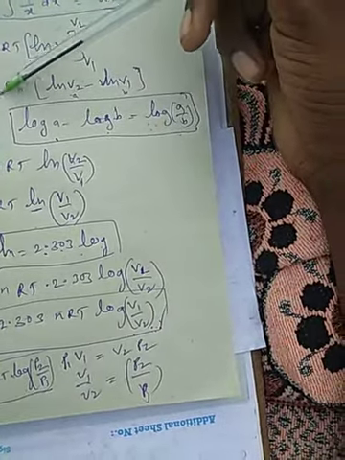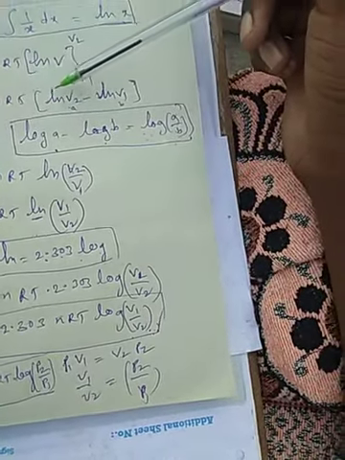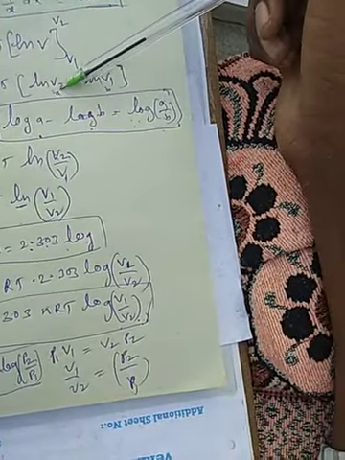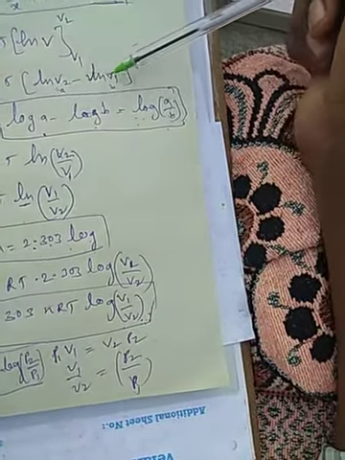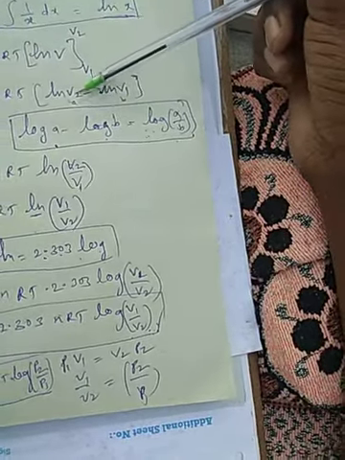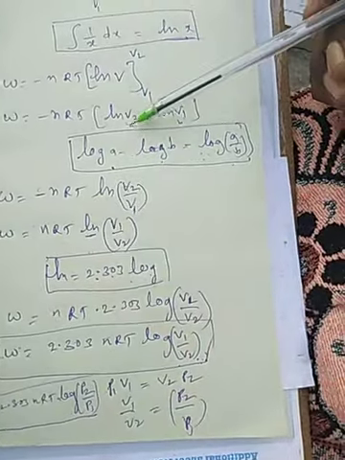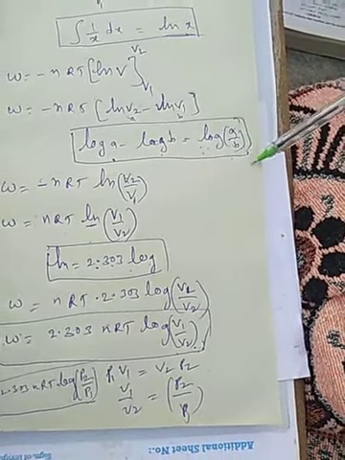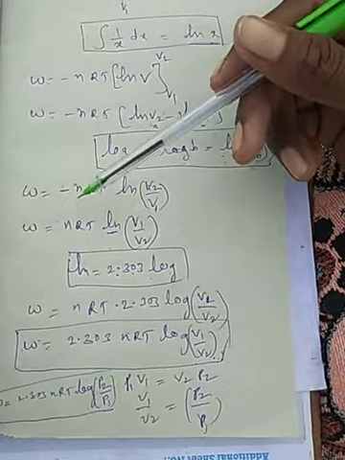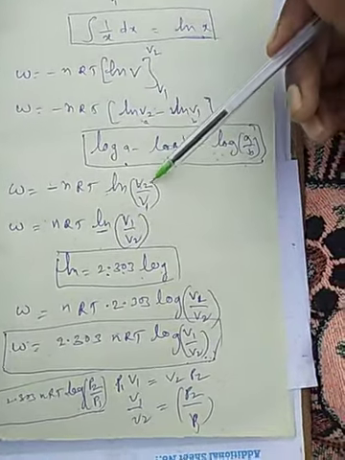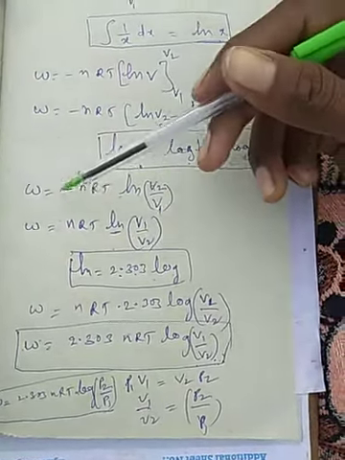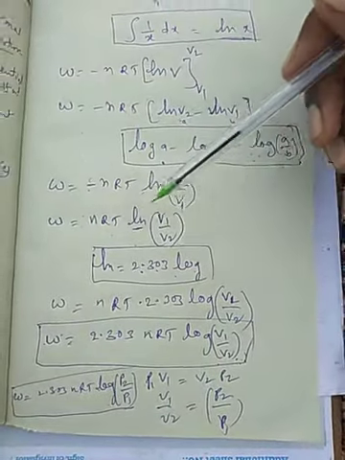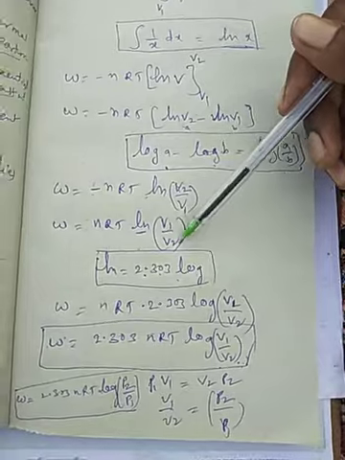W is equal to, with nRT as constants, ln v2 minus ln v1. Using the formula log a minus log b equals log a by b, W is equal to minus nRT ln v2 by v1. By applying this minus to the equation, it becomes W is equal to nRT log v1 by v2.